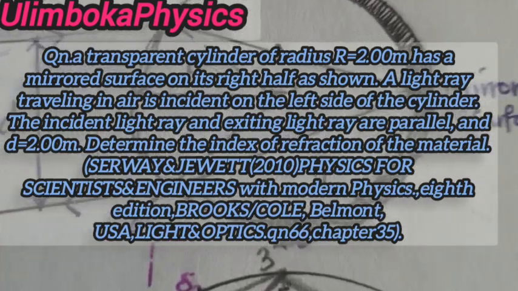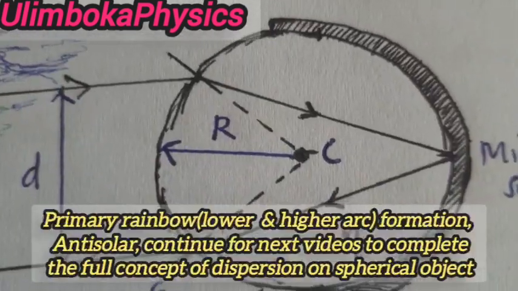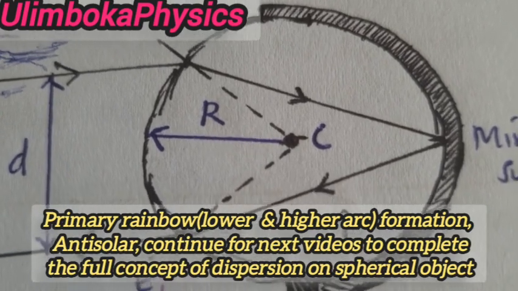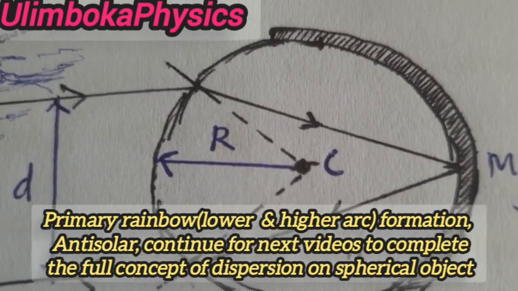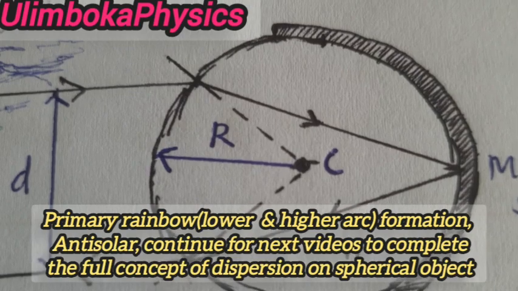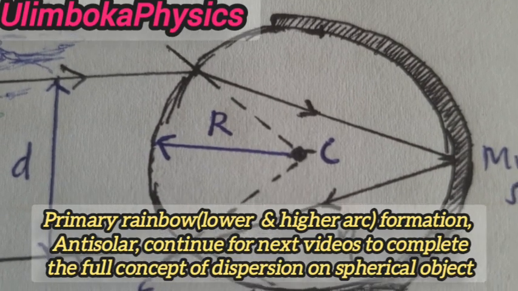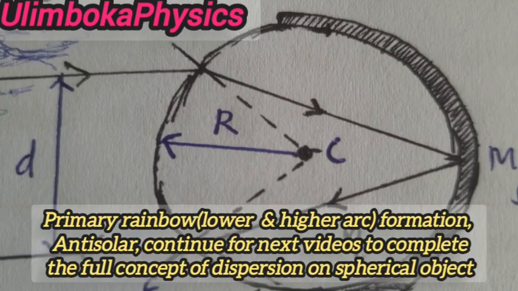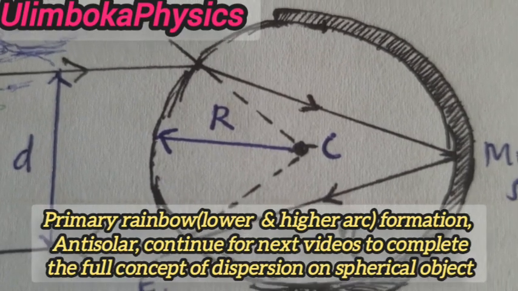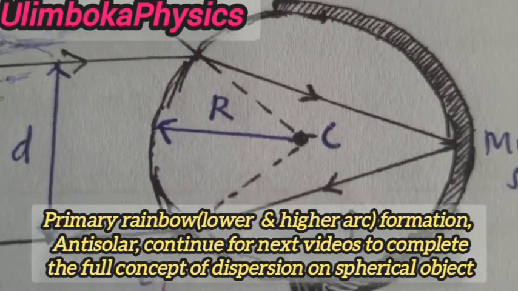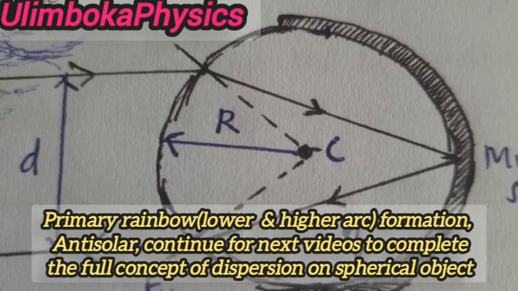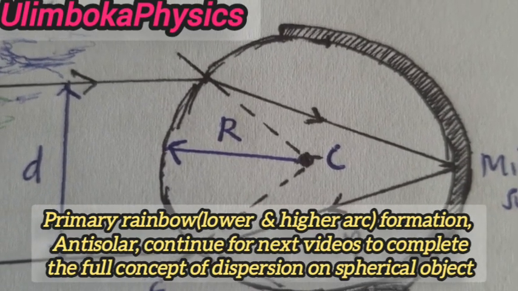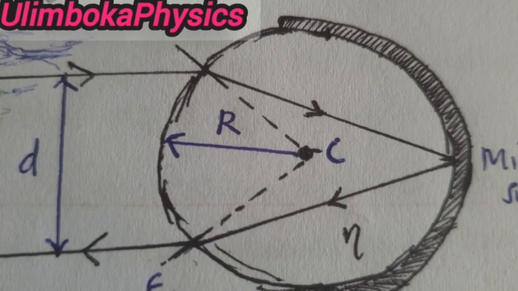Let us use this concept to explain rainbow formation, because we assume that the spherical shape of the water droplets found in the atmosphere or skies is responsible for forming a rainbow.